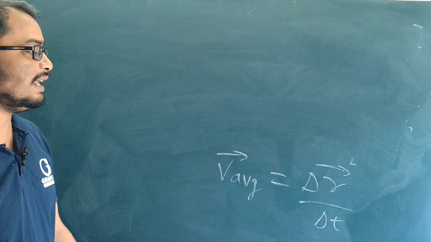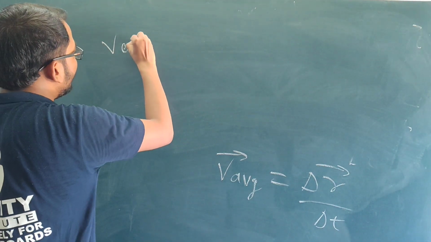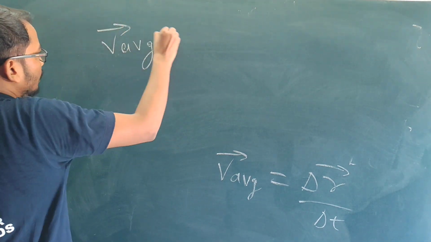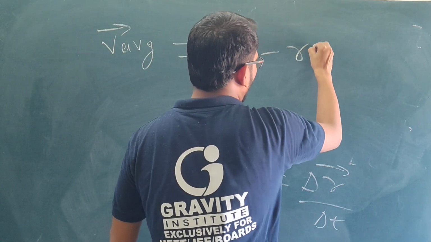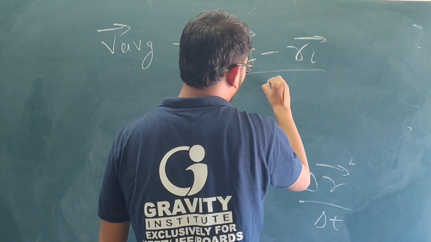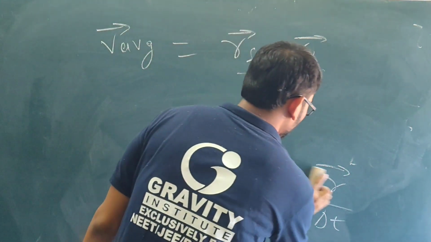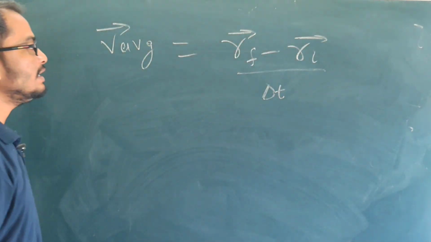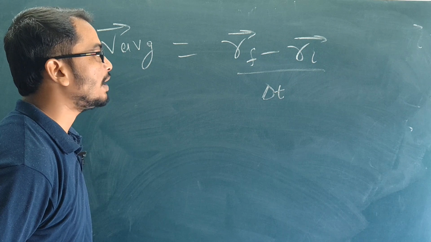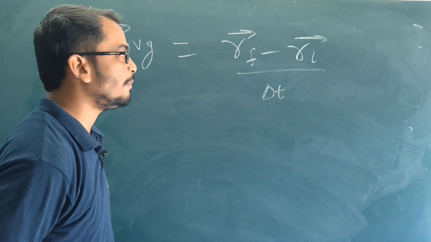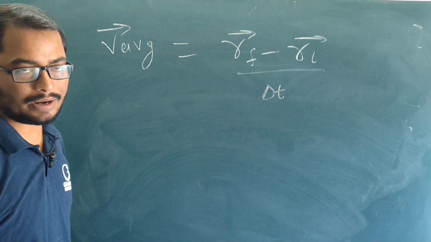It can be written as R final minus R initial divided by delta T. It means the final position of the particle minus the initial position of the particle.